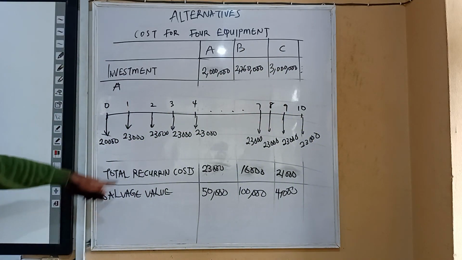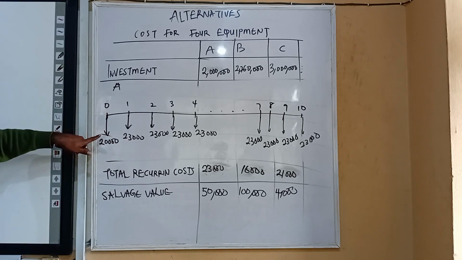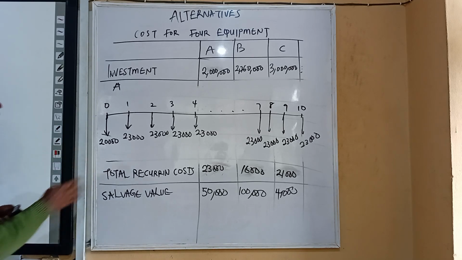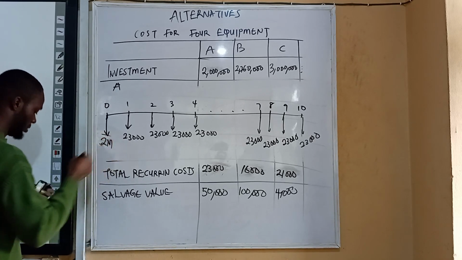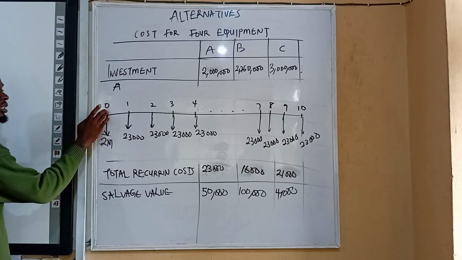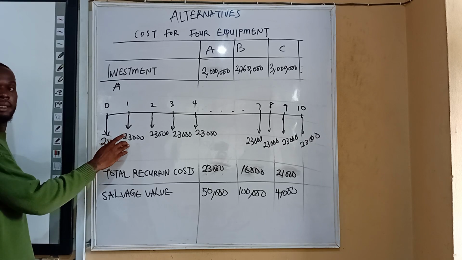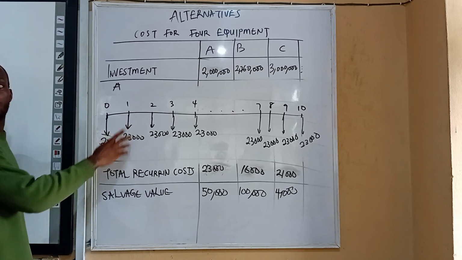So you are buying this machine, you are spending money, it's going down. What will be 2 million? Yeah, 2 million. You bought this machine, it's expenditure, it's going down. You are spending 3,000 every year, the expenditure is going down.